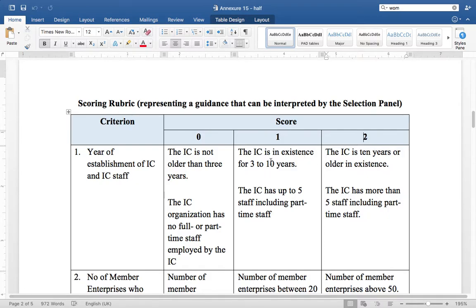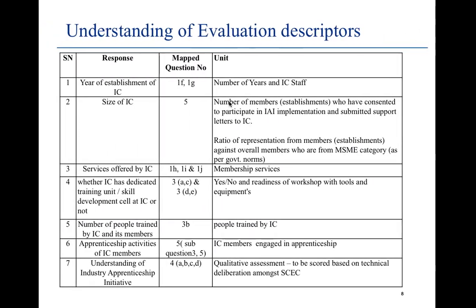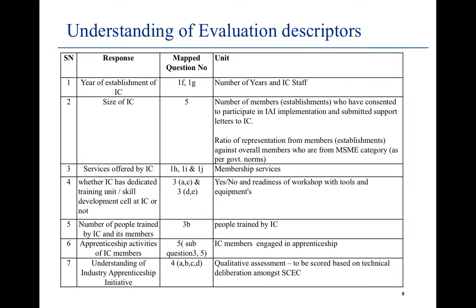On top of that, we have also mapped which eligibility evaluation category maps with which question, with an additional set of descriptions to ensure that all of us are on the same page. That's the objective of these evaluation descriptors.